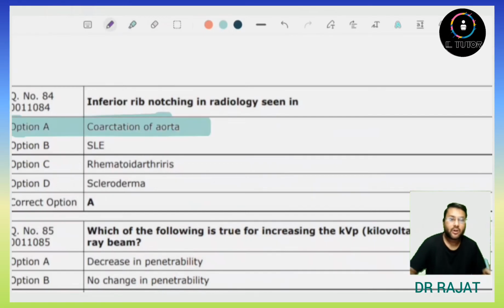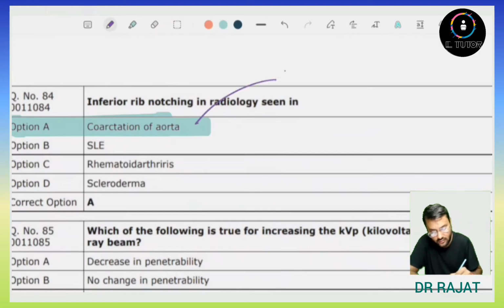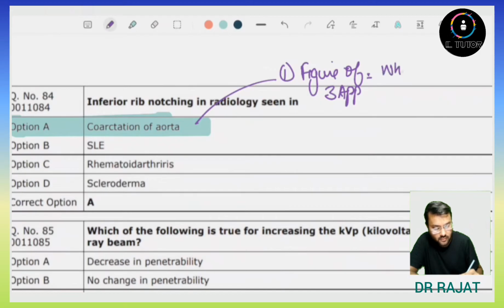So if we talk about coarctation of aorta, then some findings in coarctation of aorta are, first is the figure of 3 appearance, which is due to dilation of the aortic arch.